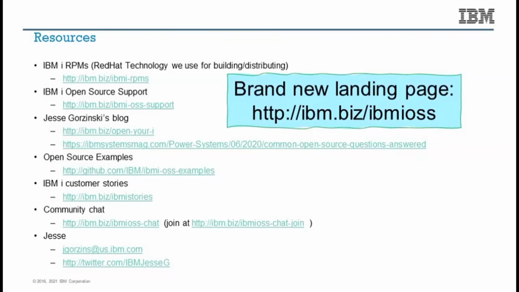So just a lot of good resources to help you along your journey if you're doing anything related to open source on i. But the key point, again, is that you're not alone, right? The biggest folly I've seen IT professionals make when it comes to doing open source on IBM i or elsewhere is that they struggle.